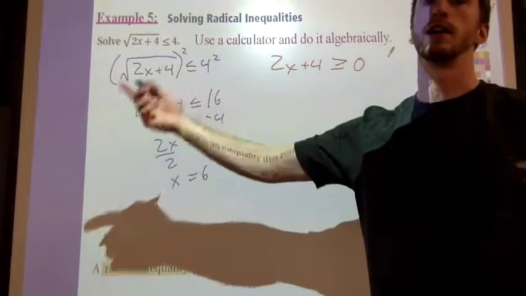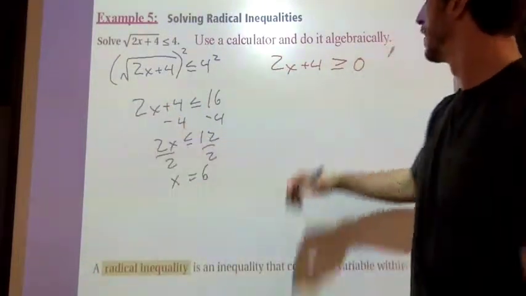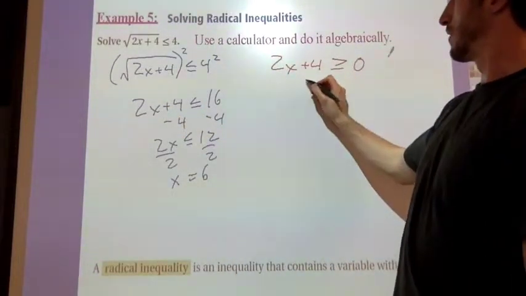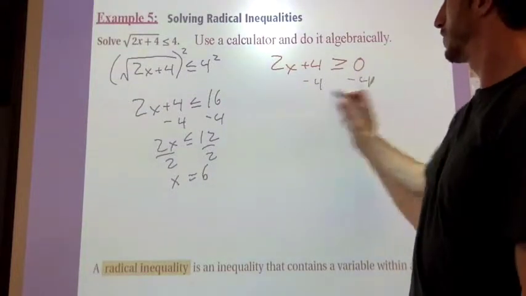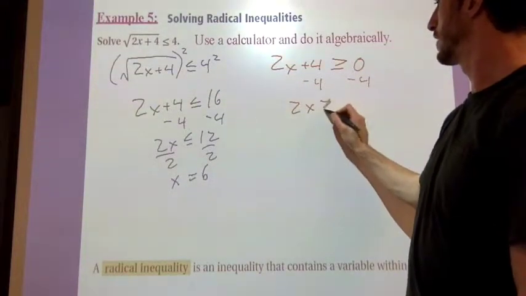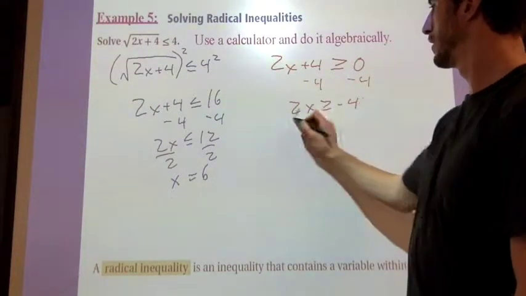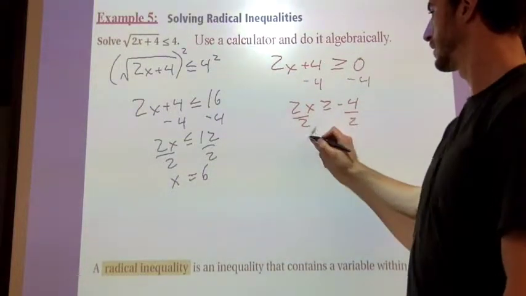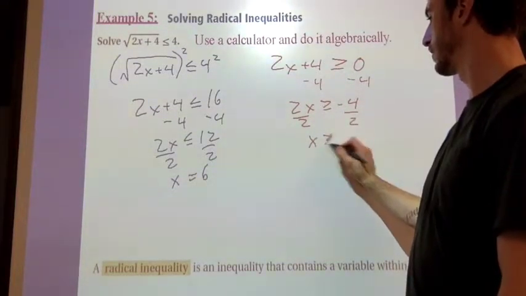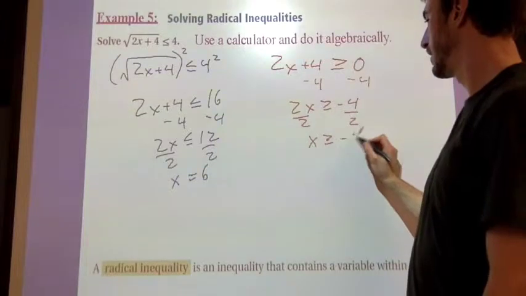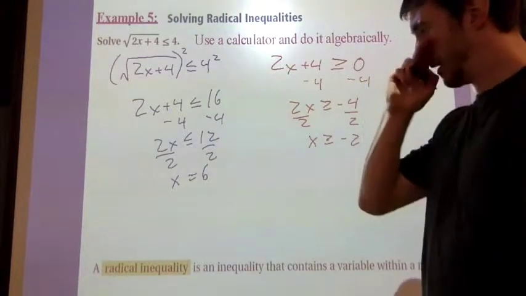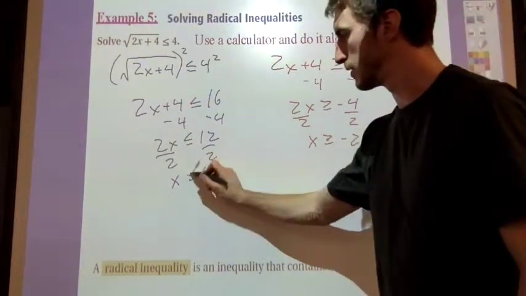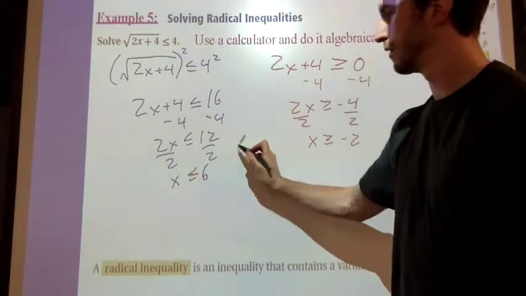It becomes an imaginary number. So let's solve. Subtract 4 from both sides. We get 2x is greater than or equal to negative 4. Divide both sides by 2, and we get x is greater than or equal to negative 2.